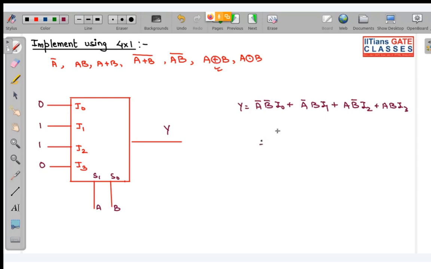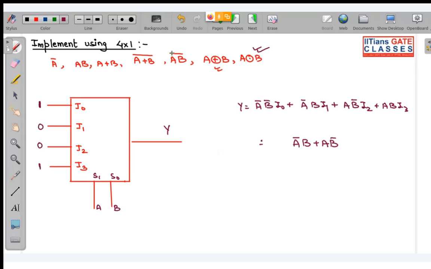So then we will get what? This term will be 0 because I0 is 0, and this term will also be 0 because I3 is 0. So the remaining will be A complement B plus AB complement. Similarly, if I want XNOR, I can simply make this 1 0 0 1.